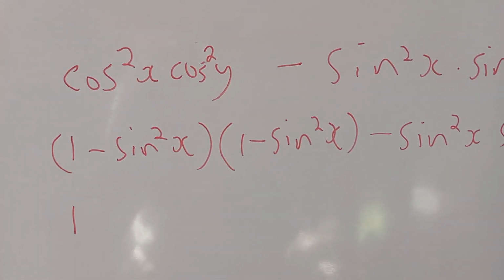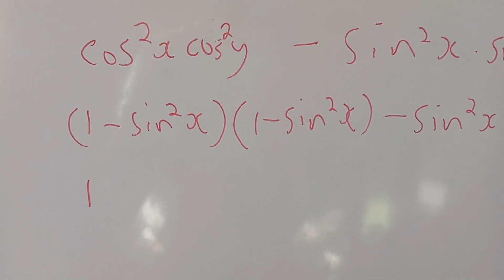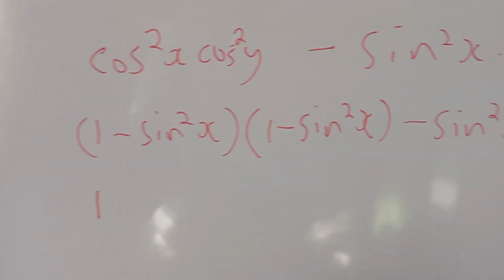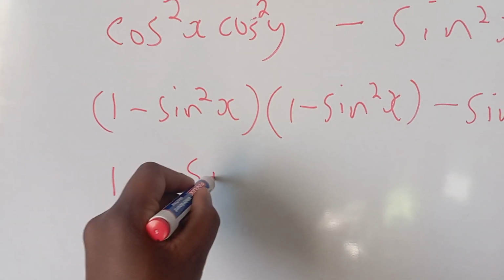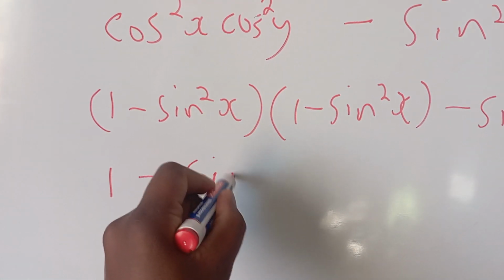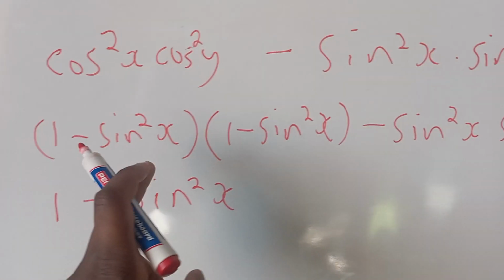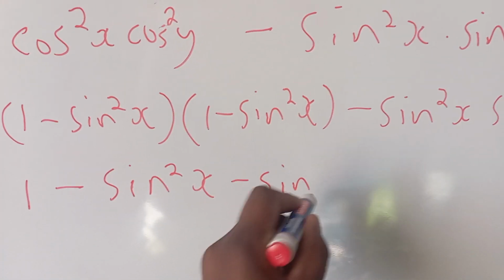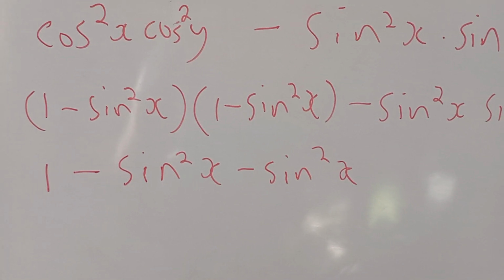Right. So we're going to multiply the bracket. So this times this gives you negative sine squared x, and then this times this gives you also negative sine squared x, right?